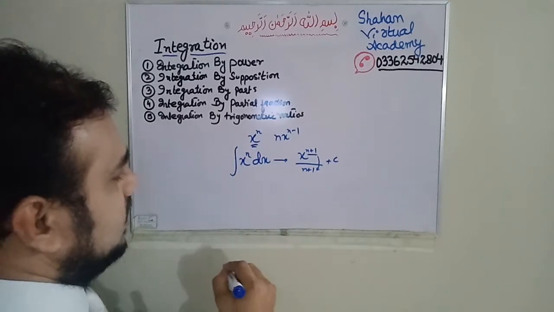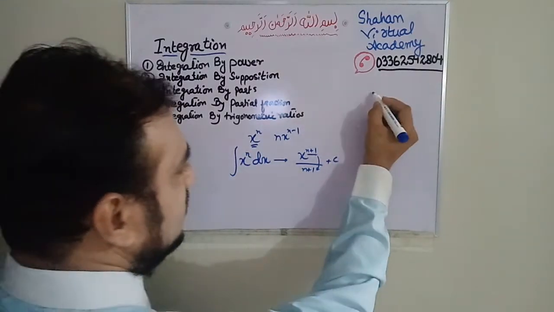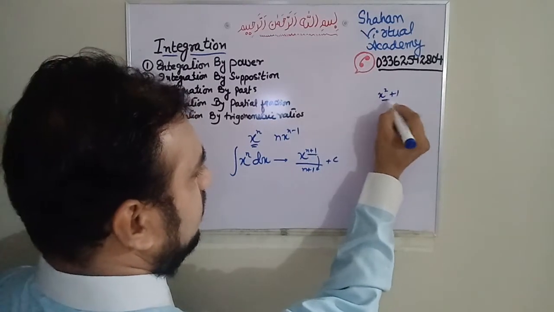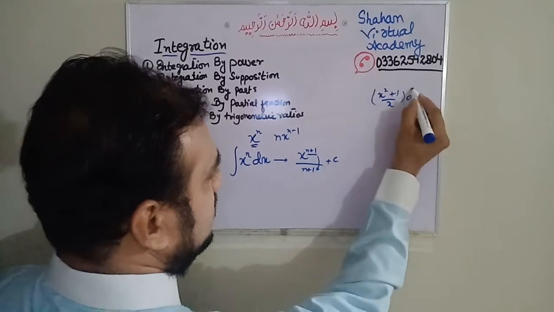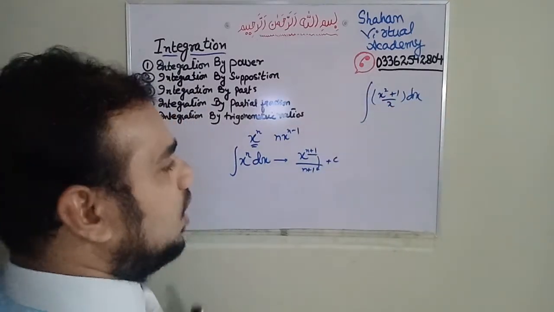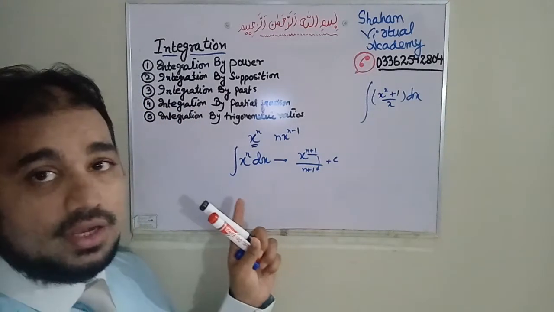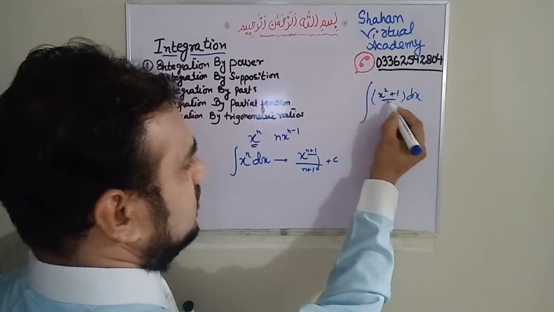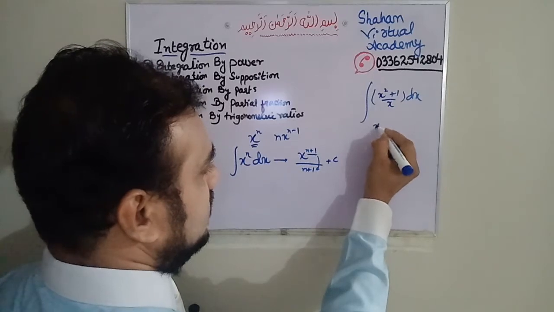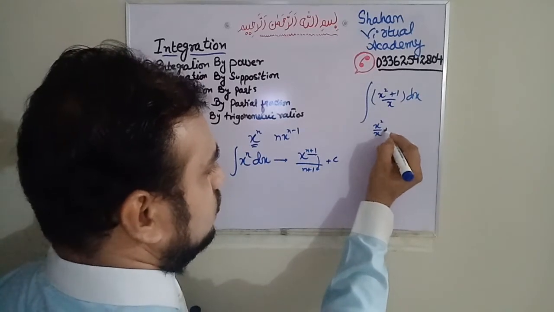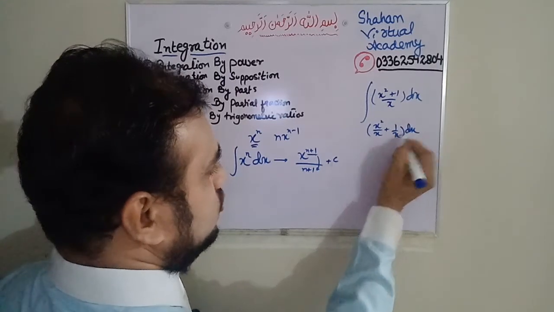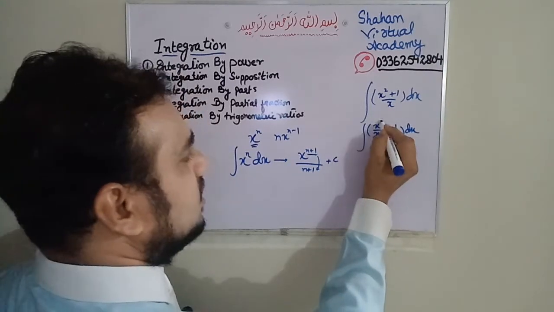Let's suppose an example: x squared plus 1 upon x dx. How can we do that with the help of integration by power? First we break its denominator into two parts, inside this bracket.